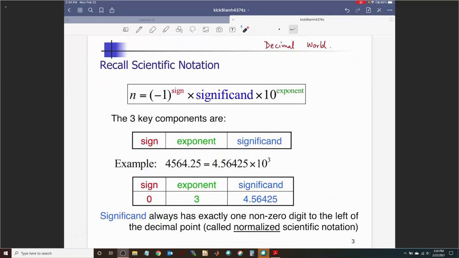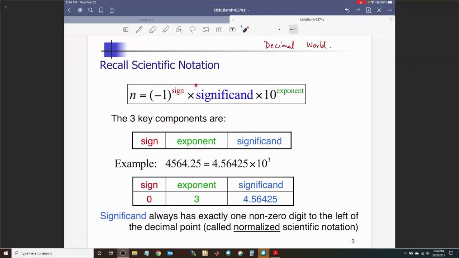So any number that you want to represent in decimal but using scientific notation, how do you do that? Well, you could have a positive number or a negative number. For that, you probably need something like this, -1 raised to the sign, either positive or negative. So that's one component to represent that number.